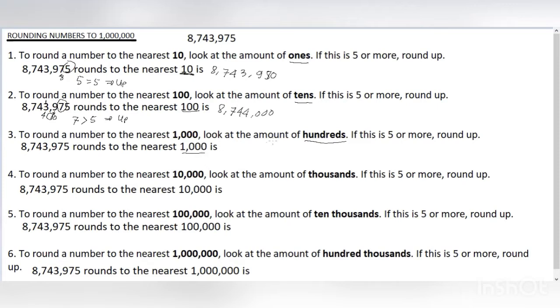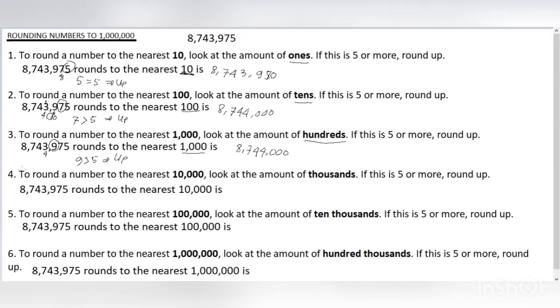Don't forget to see the hundreds. The hundreds here is 9. 9 is more than 5, so we need to round it up. The number after 3 is 4, right? So the answer here is 8,744,000. It is the same as before, because the number here is 9.